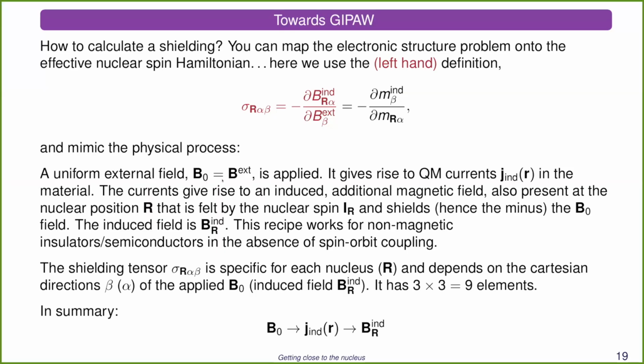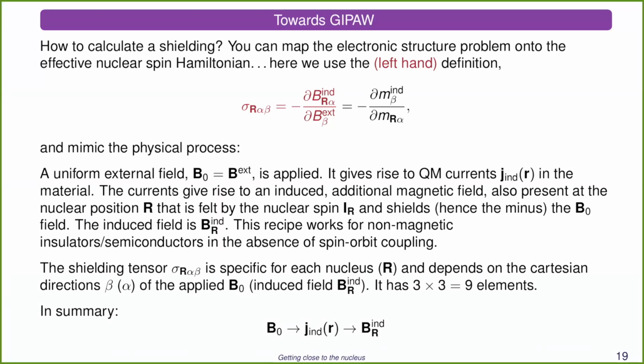We have a uniform magnetic field. We call this either B0 or B external. The experimentalists always talk about the B0 field. We apply this. When you apply this to the material, you induce currents in the material, quantum mechanical currents that flow in there without any resistivity whatsoever.